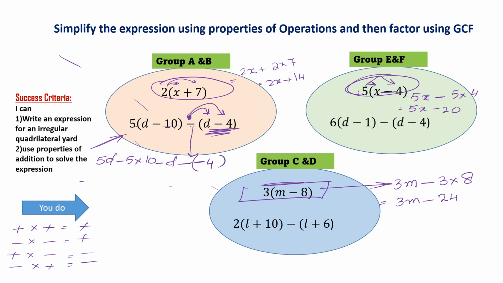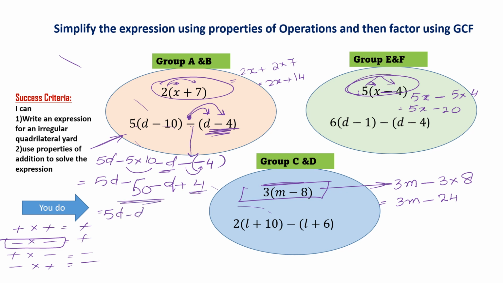Now write there 5D minus 5 times 10, 50. Then this minus D as it is. Now minus minus, we just know that minus minus, what do we get? We get the plus 4. Now write the D's together. That means 5D minus D. Write the numbers together.